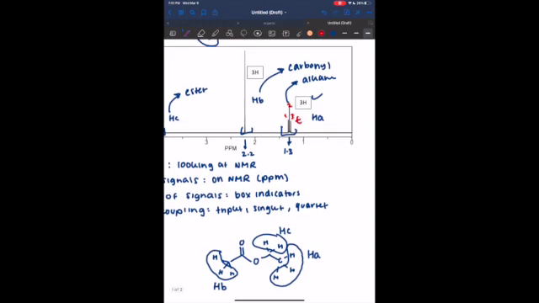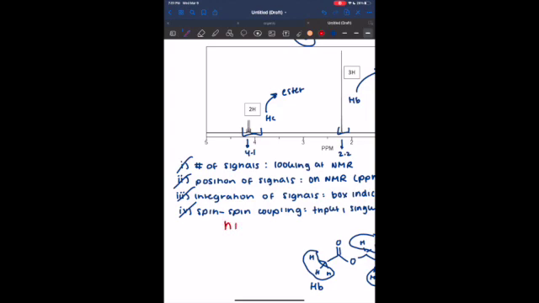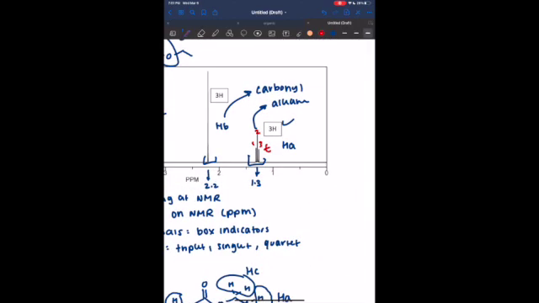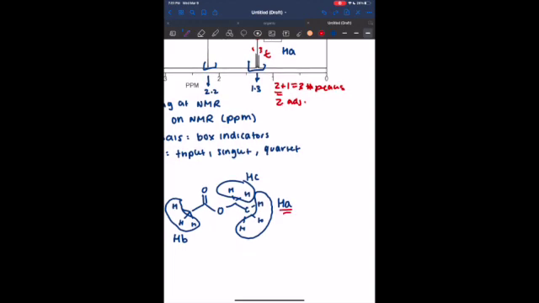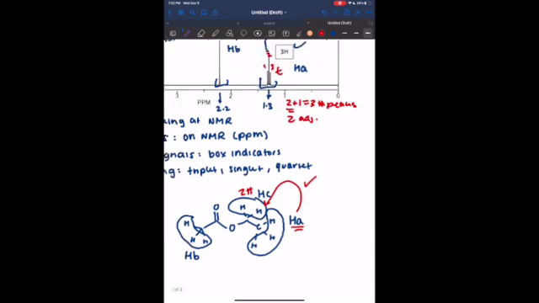Using the equation for spin-spin coupling, n plus 1, n being the number of adjacent hydrogens, we can see that 2 plus 1 equals 3, 3 being the number of peaks. So we know that there are going to be 2 adjacent hydrogens to the HAs. We can see here, this is the HA, and we're going to look for the hydrogens adjacent, and we can see that this is 2 hydrogens, and they do share the same signal. So we're saying that does look good.